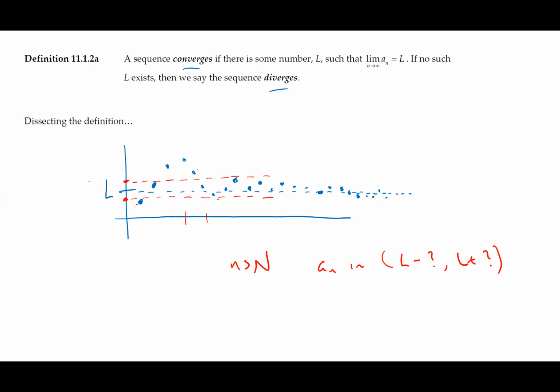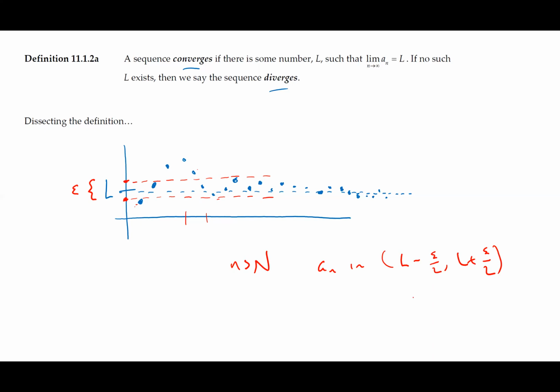And what we do typically, and those of you math majors are going to love this, is we say that interval has length epsilon. It's the Greek letter epsilon. And so what we really are doing is saying there comes a point where all my sequence values are between L minus epsilon over 2 and L plus epsilon over 2.